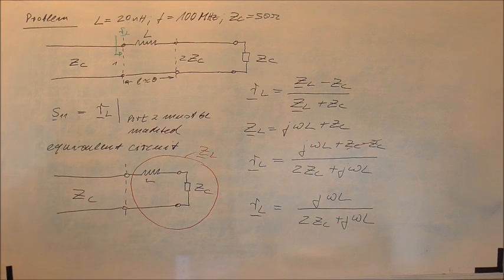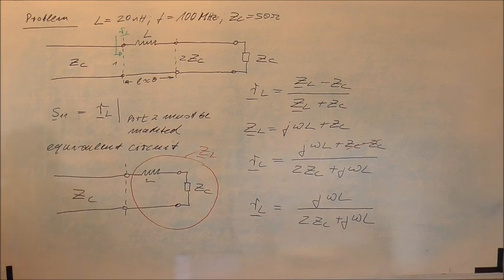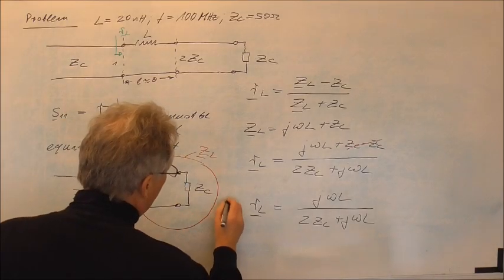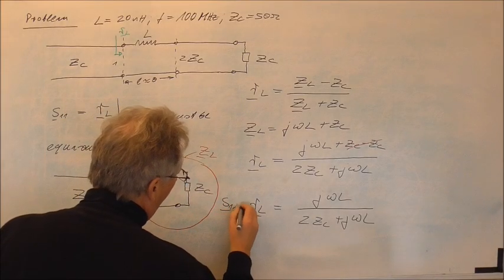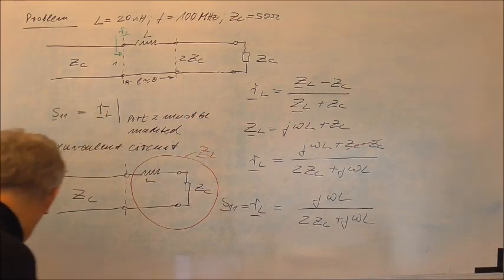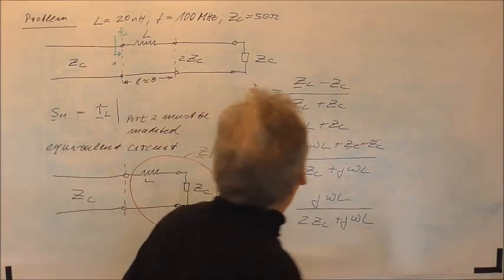Of course, I can delete this now, and say that according to this equation, this is S11. So perhaps I first write S11 again here, and then I delete this equation.